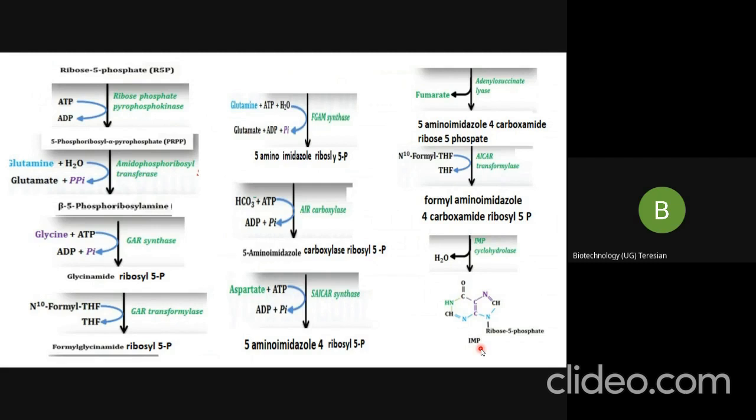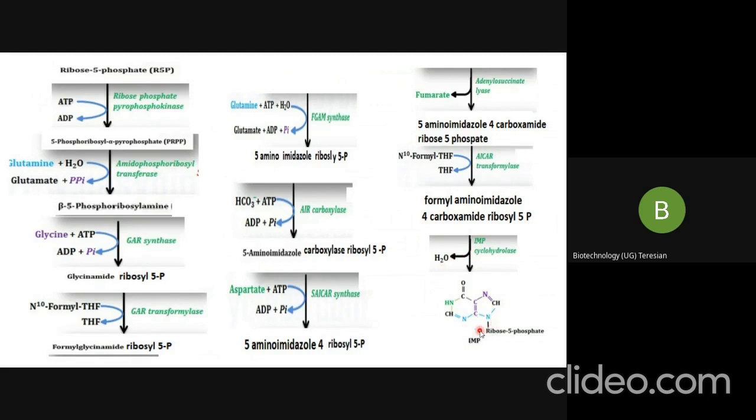So you have the important steps, we can just recap it. That is the ribose 5-phosphate, then we have the glutamine, then the glycine, then the formyl group, which is followed by glutamine, and then the carbon dioxide. We have the aspartate, and then we have again the formyl group, and then the water is removed from here, and then the oxidation steps occur.